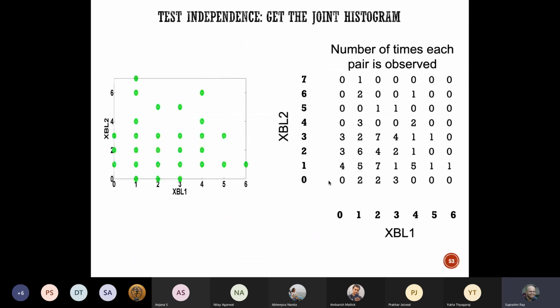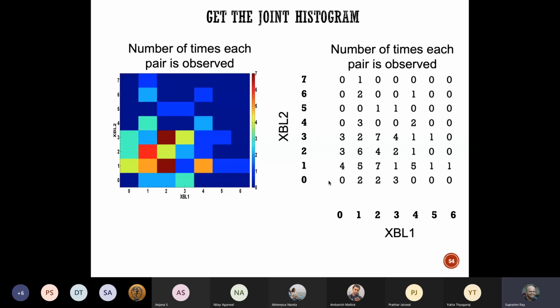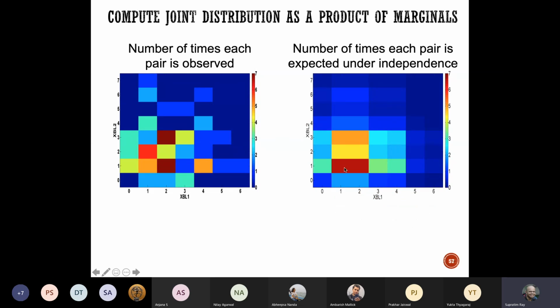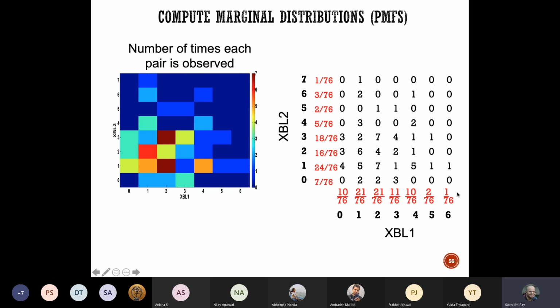This is this function here. And what should its shape be if the random variables are independent? So this is how it should have looked. Independence means that you're just multiplying one marginal distribution, which is what you have here, with one of these values.